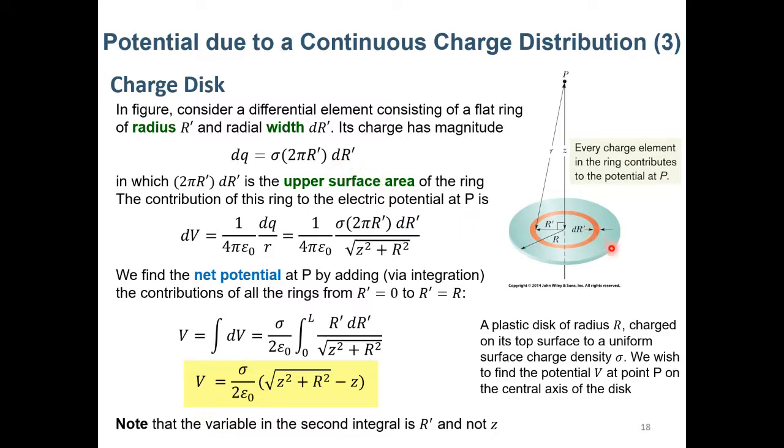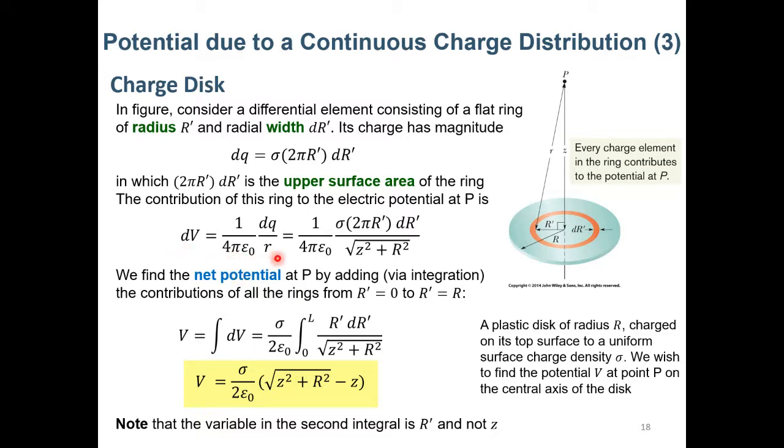So we cut it, and then it will look like a rectangle, with width 2 pi r prime and height dr prime. These two terms give the area of this orange ring, multiplied by the surface density.